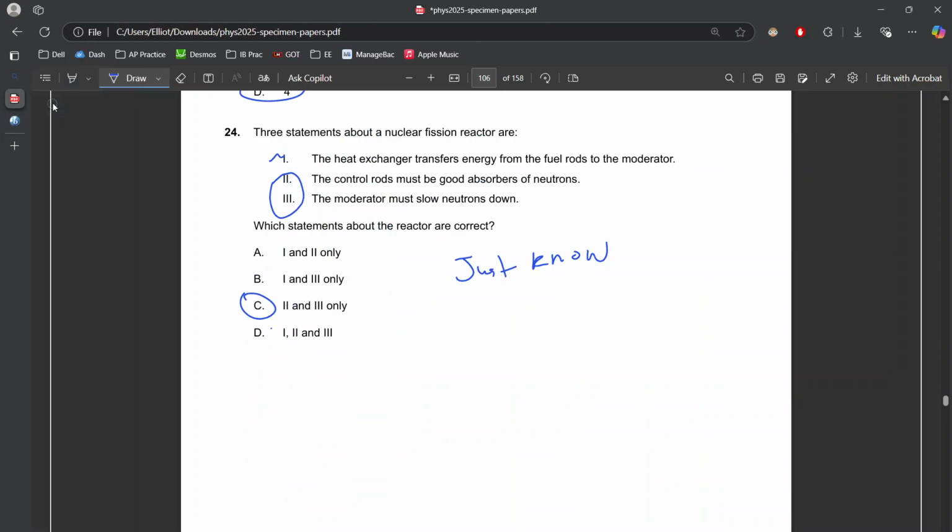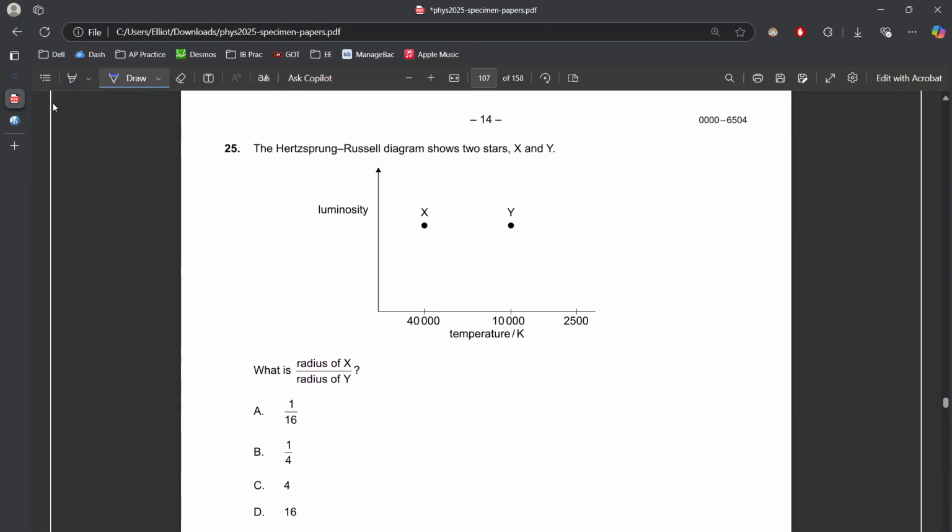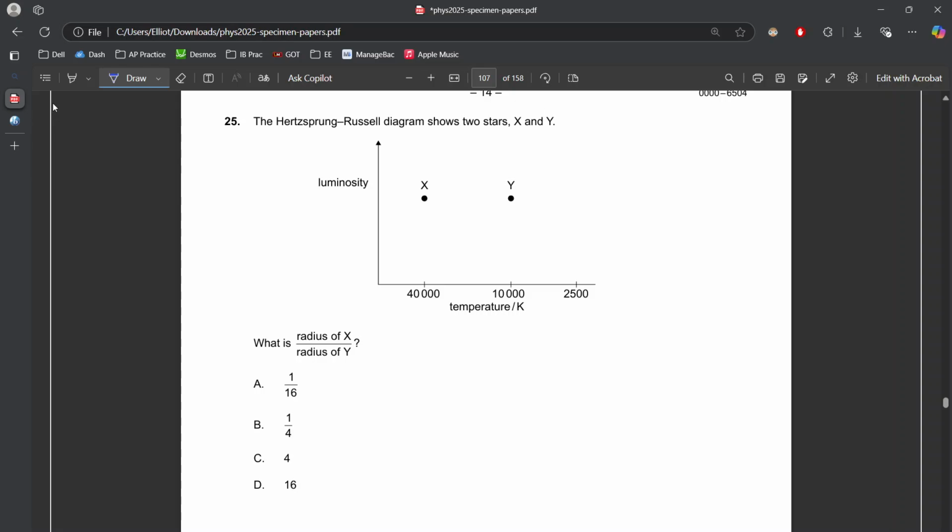Okay. Alright, now for the last question in this section. What is the radius of X over the radius of Y?